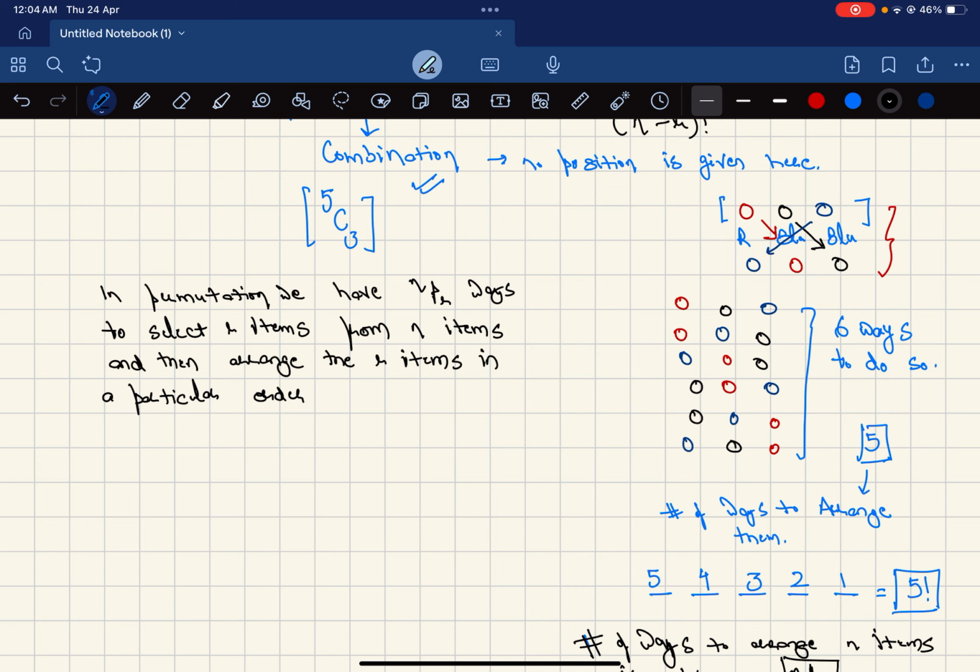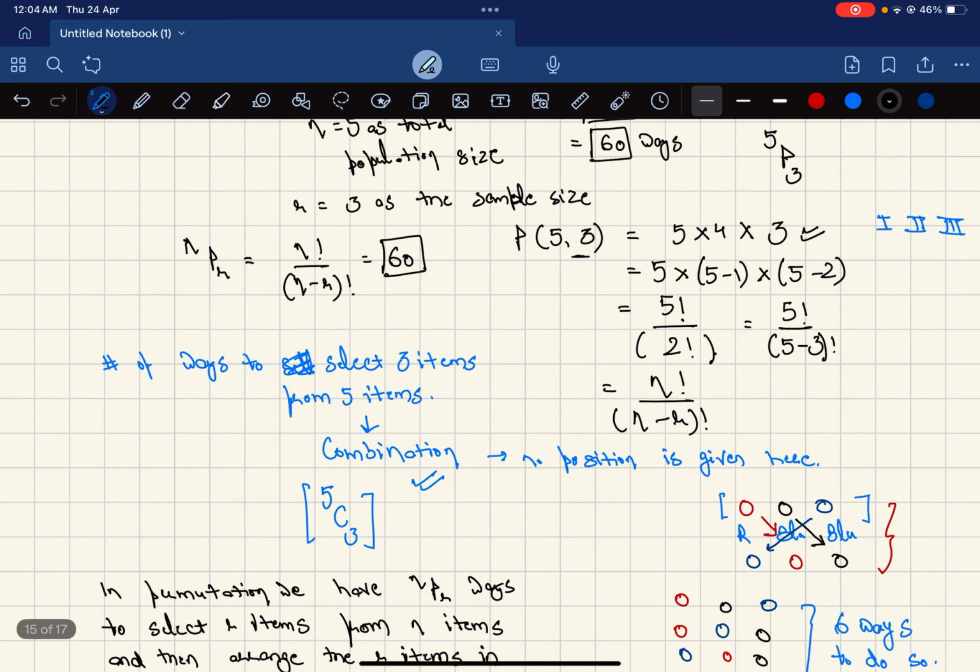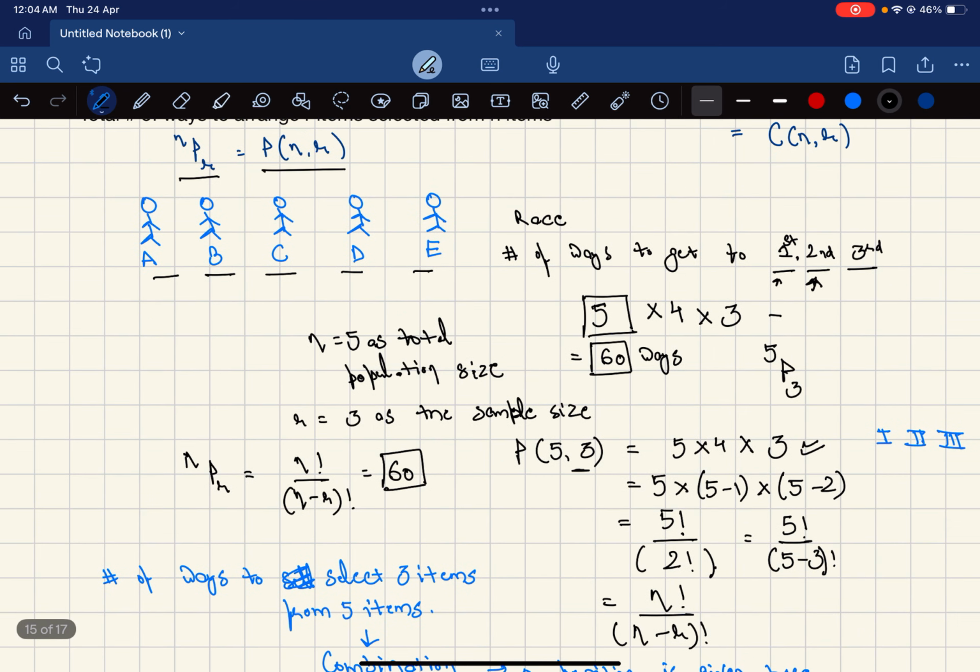So if you remember the case where we had 5 people and we were having a race competition there, and we were trying to place them in a first, second or third position. What we were doing is we were actually first selecting 3 people, and then we were actually arranging those 3 selected.